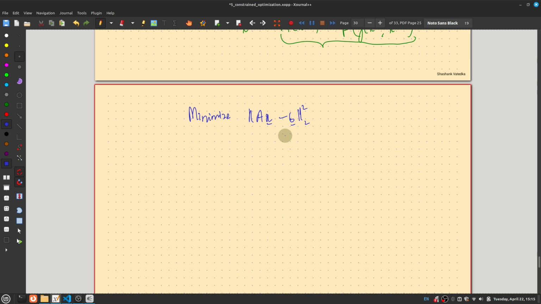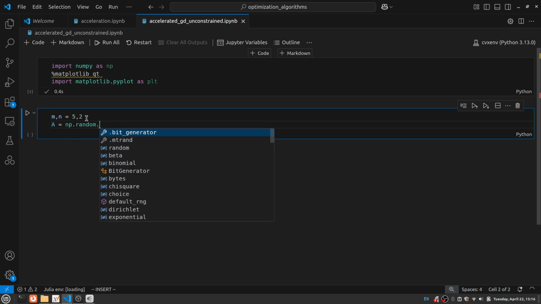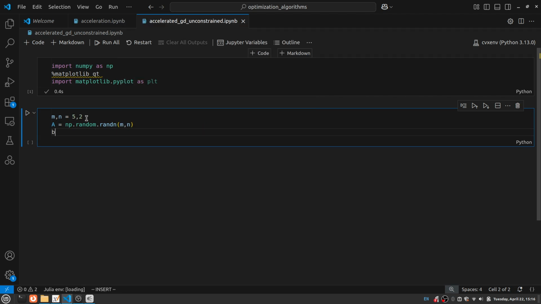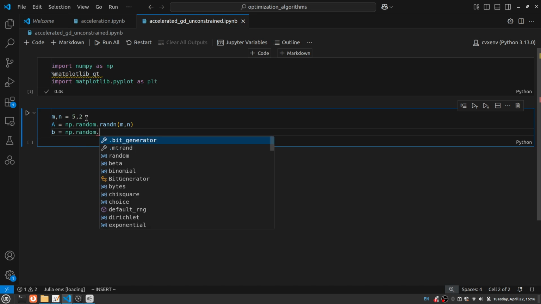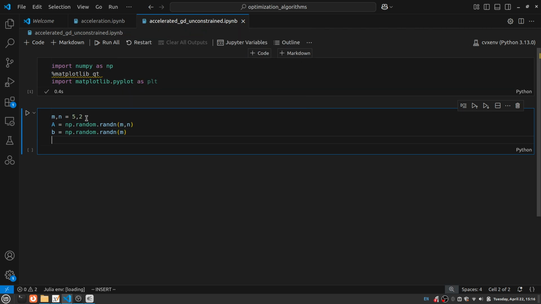Okay, so in this case, let's write down everything. Let me pick a random matrix A. Let's take m, n to be 5 by 2. So A is a random m by n matrix, and b is a random vector of size m.